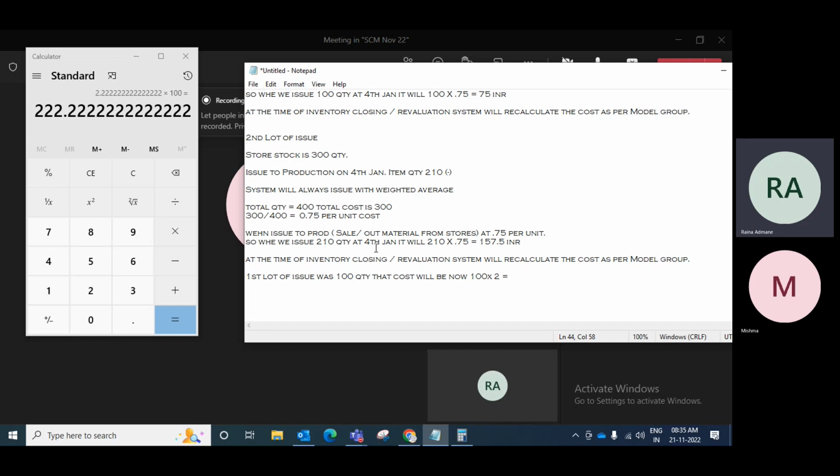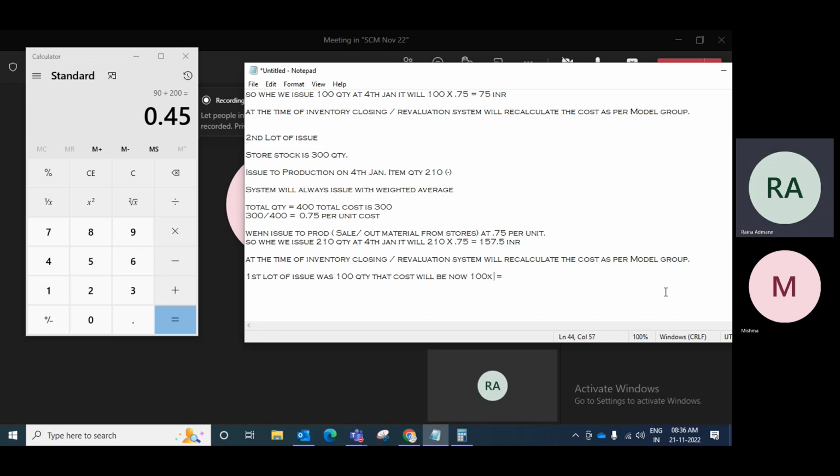So actually some mistakes are done. We have 200 quantity, that is 90 divided by 200, 0.45. Your per unit cost is 0.45.